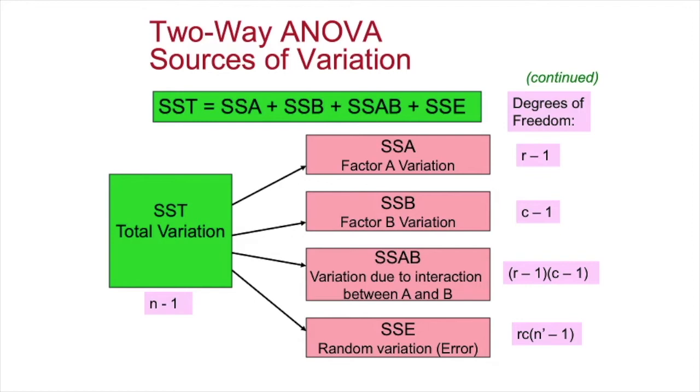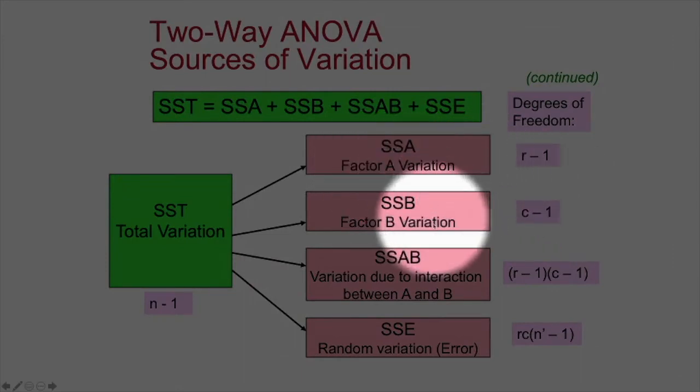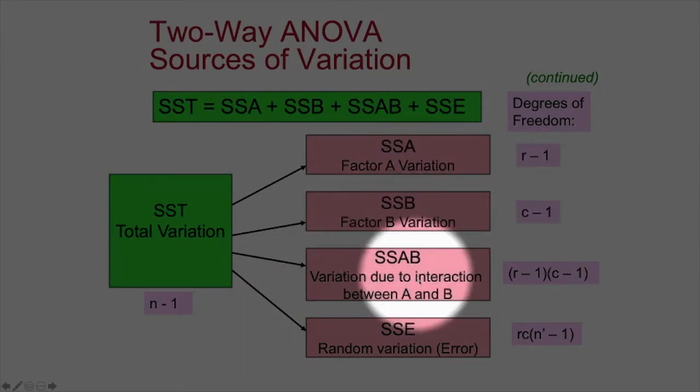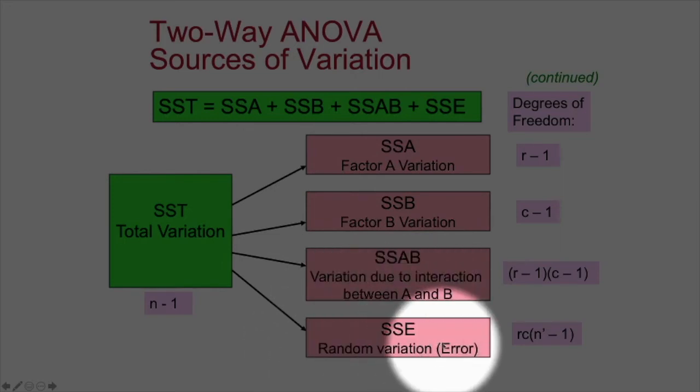Again, we are going to split total variation into components of variation. The exact same way that earlier we had SST equals SSA plus SSW, now we divide into 4 components. We have SSA plus SSB plus SSAB plus SSE. So this is the variation coming from factor A, the variation coming from factor B, the variation coming from the interaction between A and B, and finally the remaining variation.